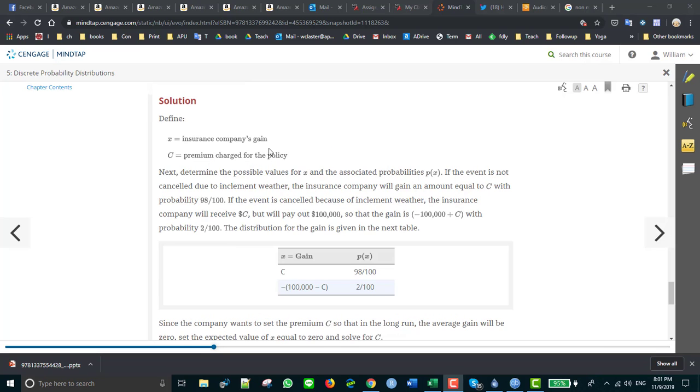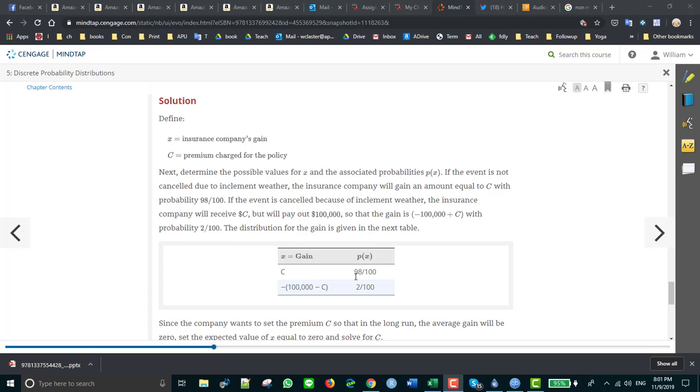So the first thing we need to do is define the random variable, and we're going to call that X, and it's going to be the insurance company's gain. And C is the premium, or how much they're going to charge to sell this insurance policy. We don't know how much they're going to charge, but there are going to be 2 possibilities.